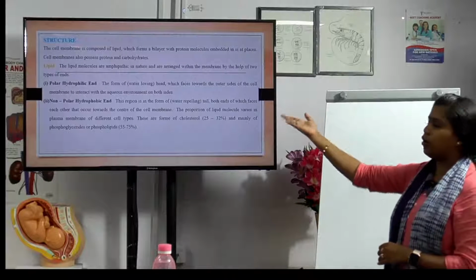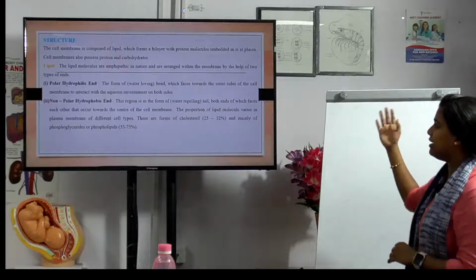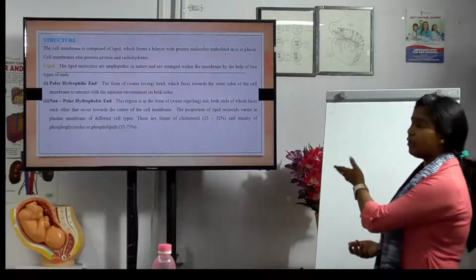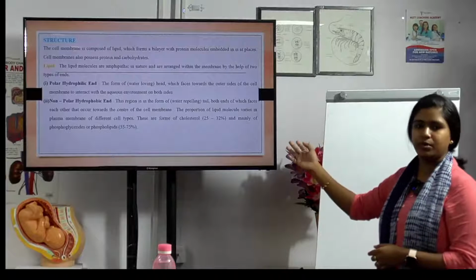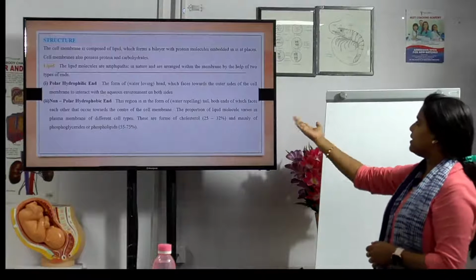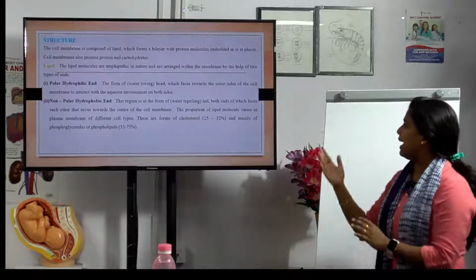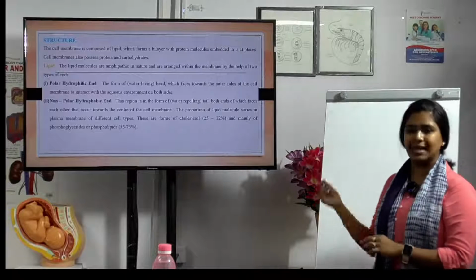This polar hydrophilic end faces towards the outer side of the cell and interacts with the aqueous environment on both sides. Whereas the non-polar end does not interact with the water environment; that region is water repelling. Both of these ends face each other towards the center of the cell membrane.